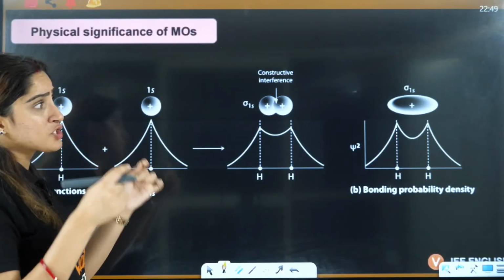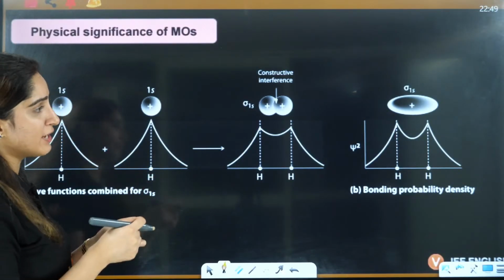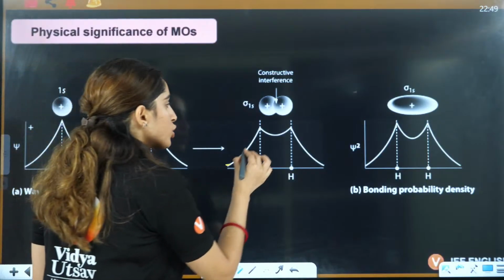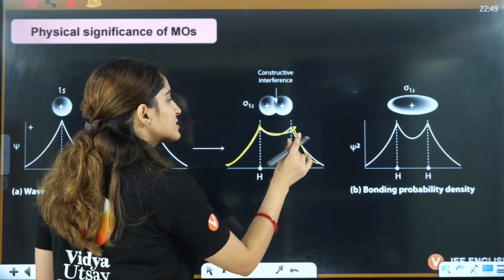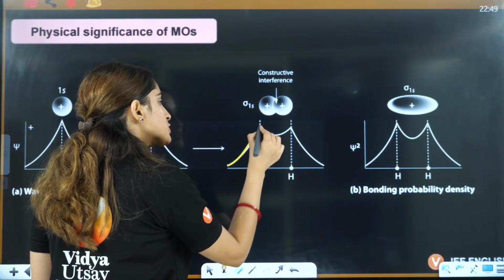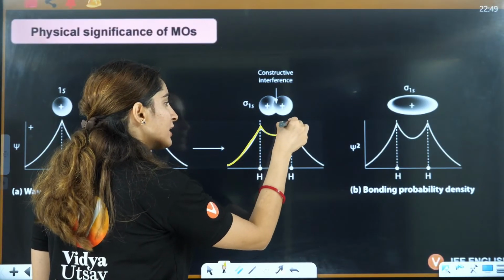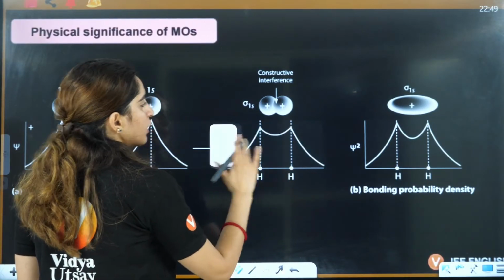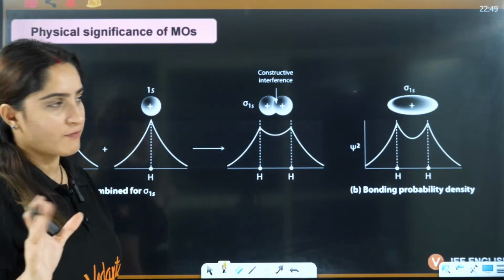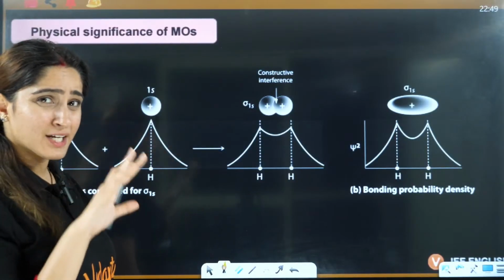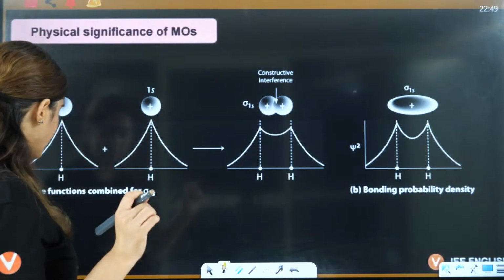When, because of constructive interference, what will happen? A duplet you will see here, right? That means one peak, then slightly down, then one peak again, and then down. This is your sigma 1s. That is formed by constructive interference.